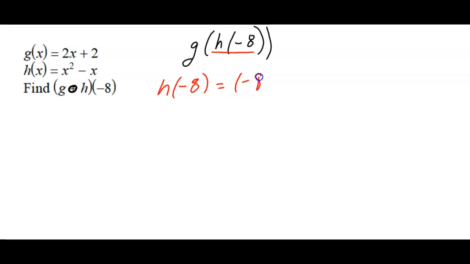So I get negative 8 squared minus negative 8. Negative 8 squared is 64. The double negatives turn it into a plus. So then we get 72.